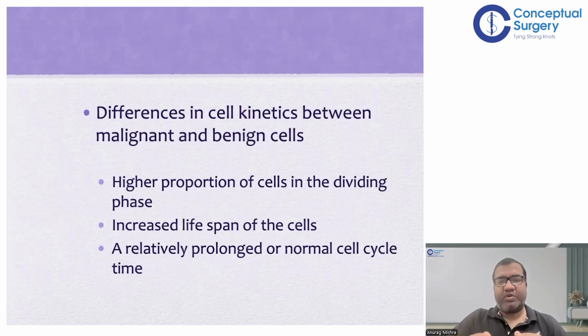Whereas in malignancy, around 60 to 70% of cells are in the dividing phase. That increases the energy requirements and the growth. The lifespan of the cell is higher in these malignant tissues, and there is a relatively prolonged cell cycle time, while the normal cell cycle time is there in benign cells.